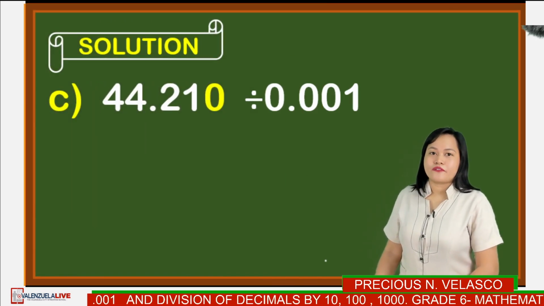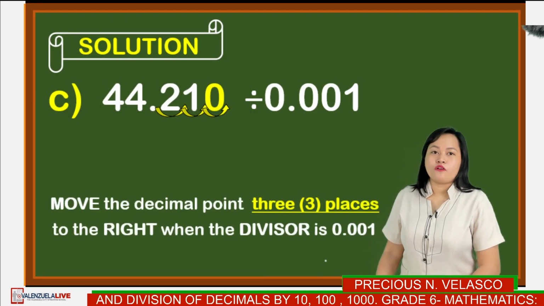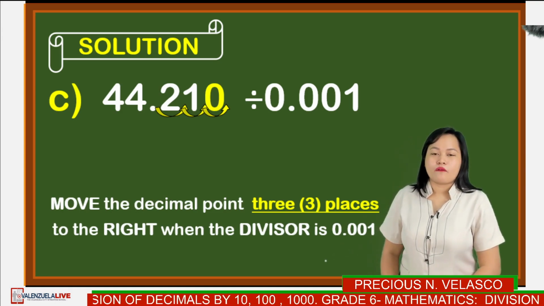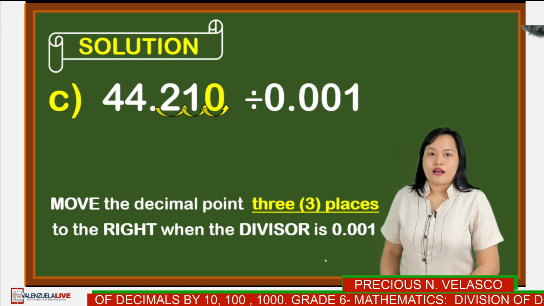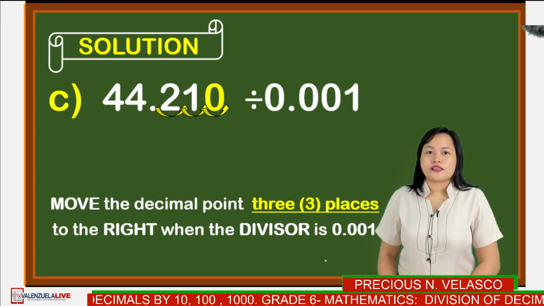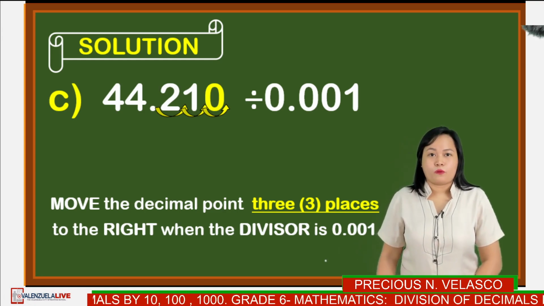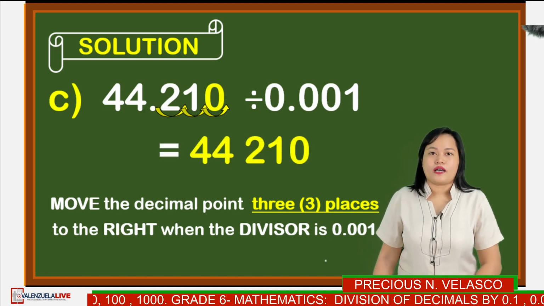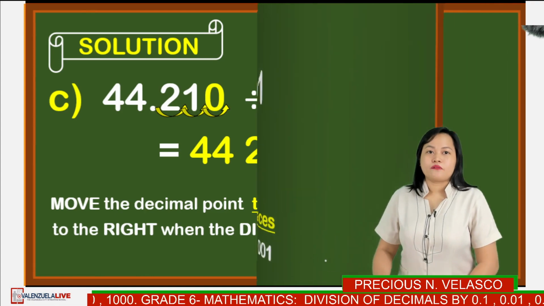For the letter C, we move our decimal point 3 places to the right when our divisor is 1000 thousandths. And as you notice, I add a 0 as a placeholder. That's why we have a quotient of 44,210.